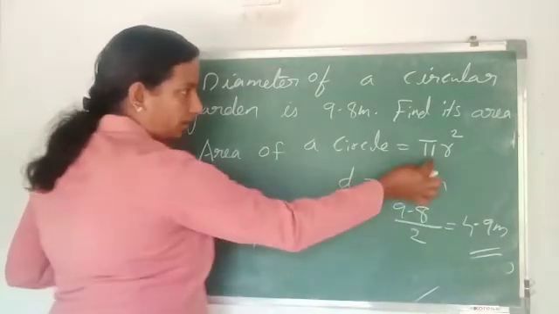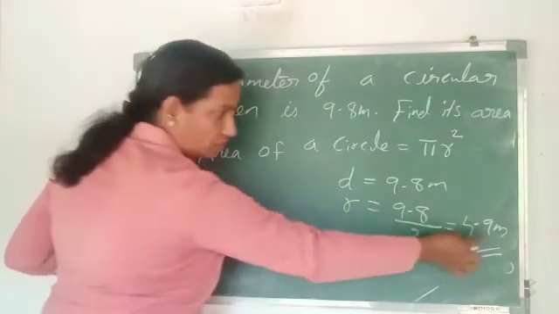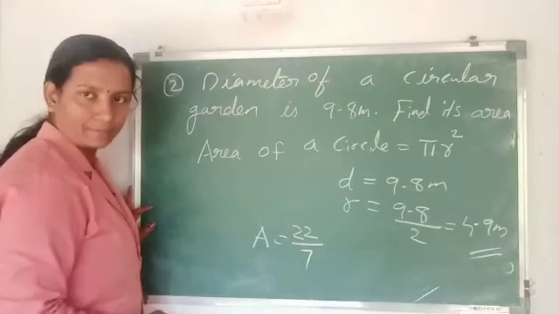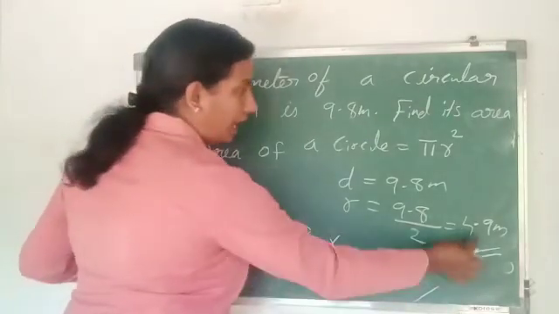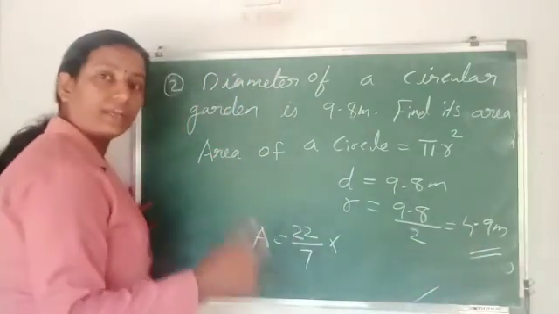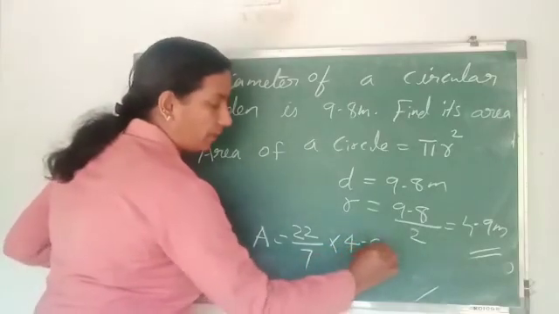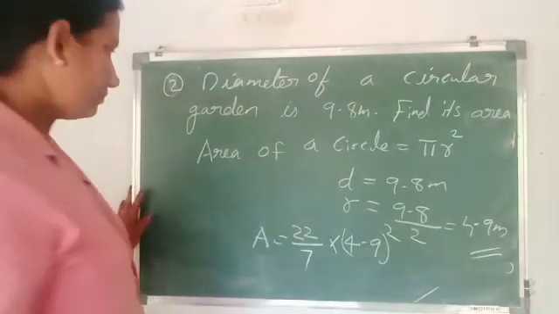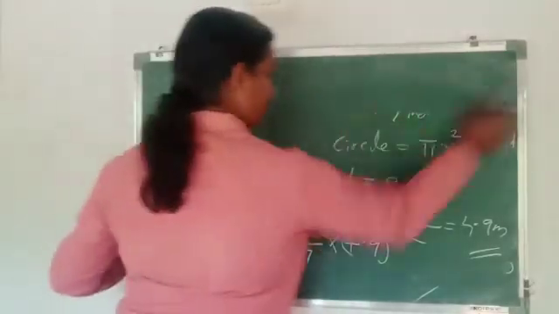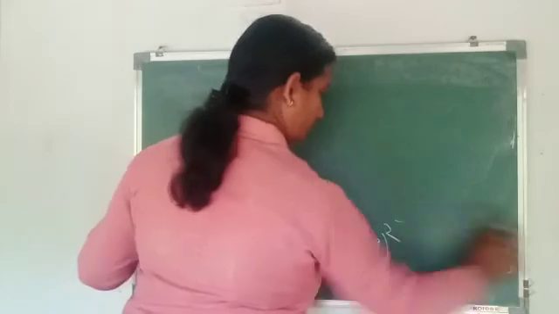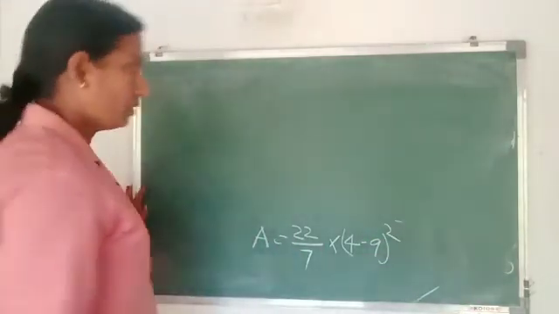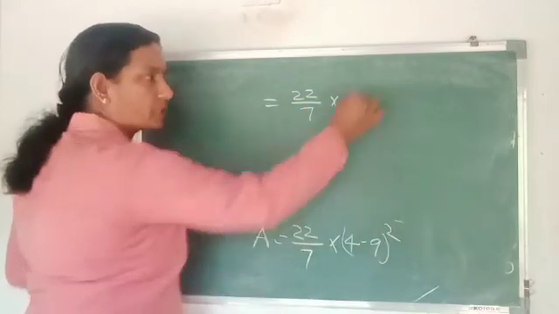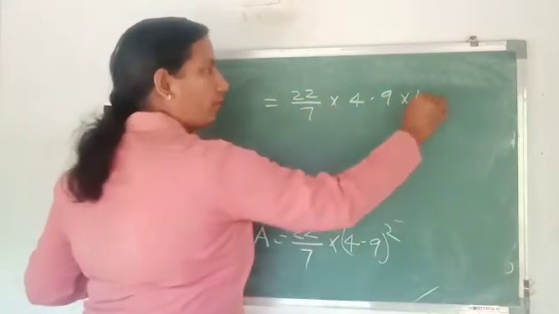Area is equal to pi into r square. Here I think we select 22 by 7 for pi. Pi is 22 by 7 into r square, where r square means 4.9 into 4.9.